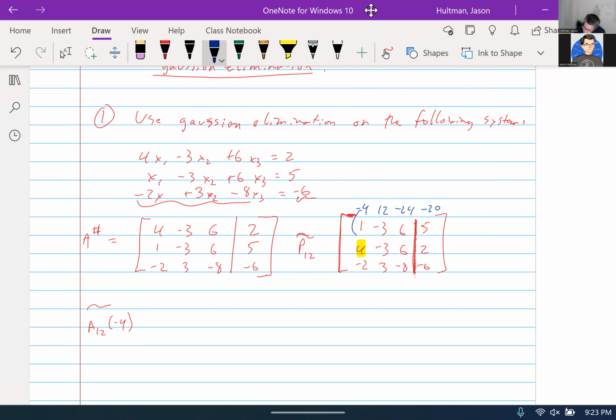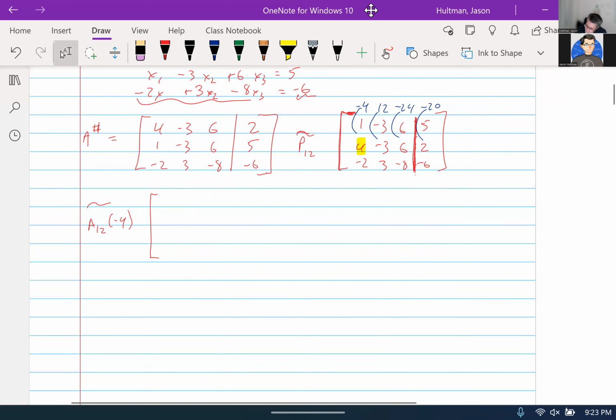Okay, now let's add these two rows together. Let's put in our first row first: 1, negative 3, 6, 5.